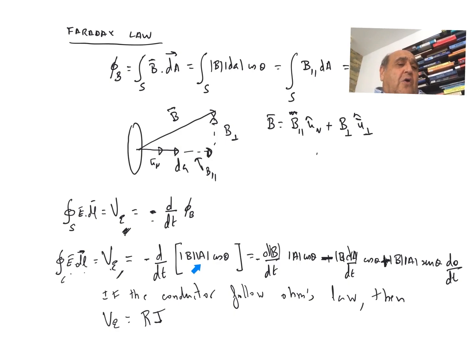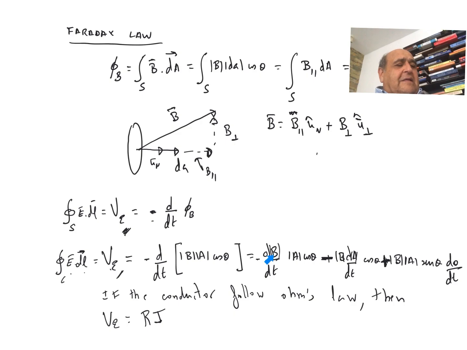If you change the area, you also induce electromotive force, and the variation will be minus B, the magnetic field, by the derivative of A with respect to t, by cosine of theta. And you can also keep B and A constant and vary cosine of theta. The variation of cosine of theta will be sine of theta, of course, by the derivative of theta with respect to t. So there are three terms that can make it possible to obtain V sub E. Normally in problems you have only one of the terms working.